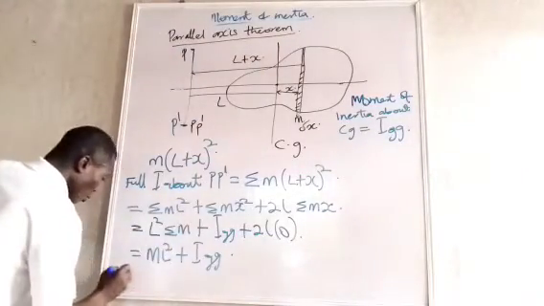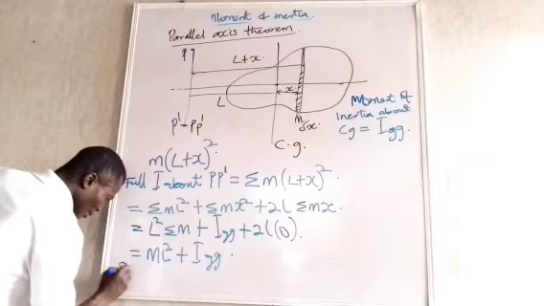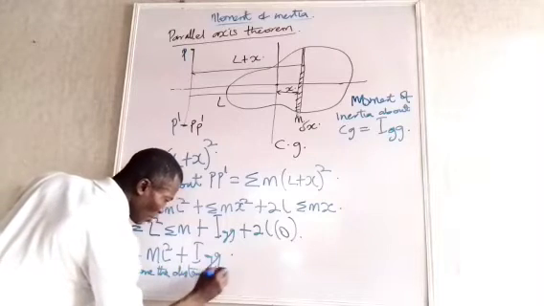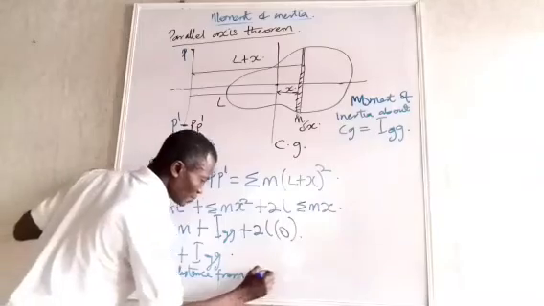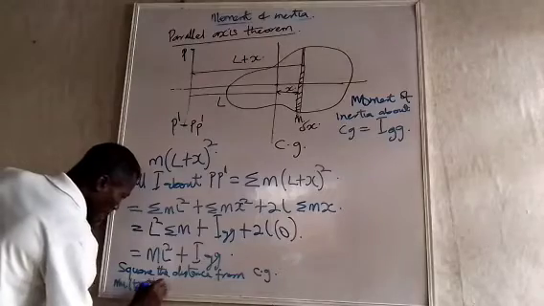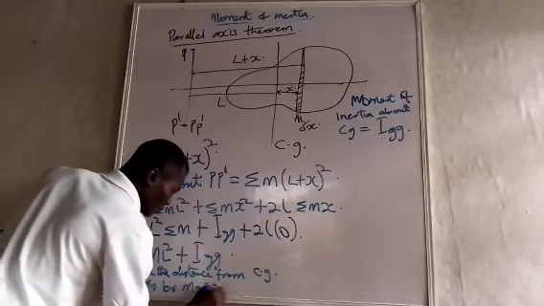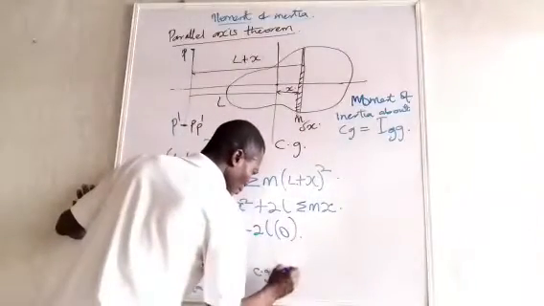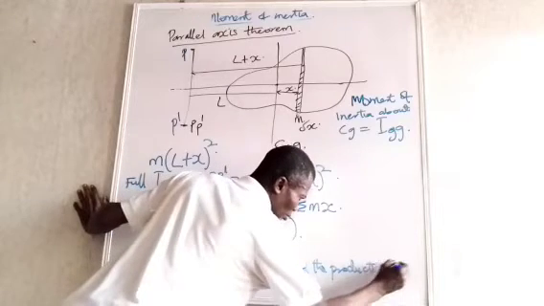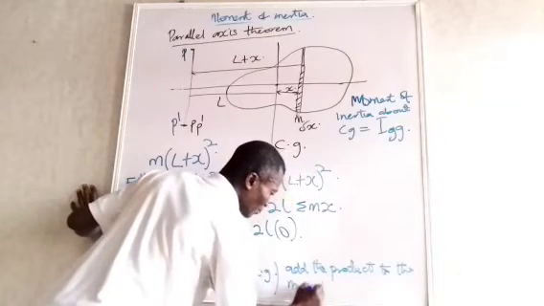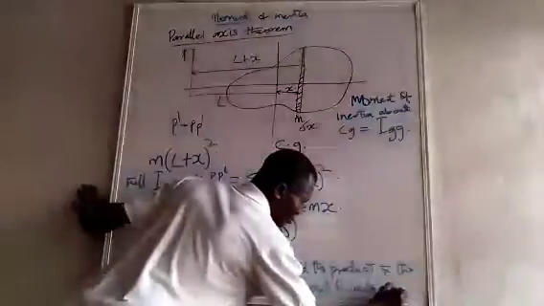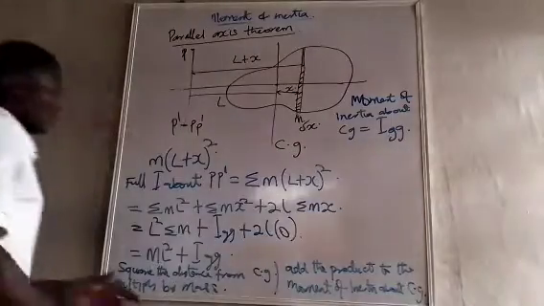So we square the distance from CG, multiply by mass, and then add the product to the moment of inertia about CG. That is it.